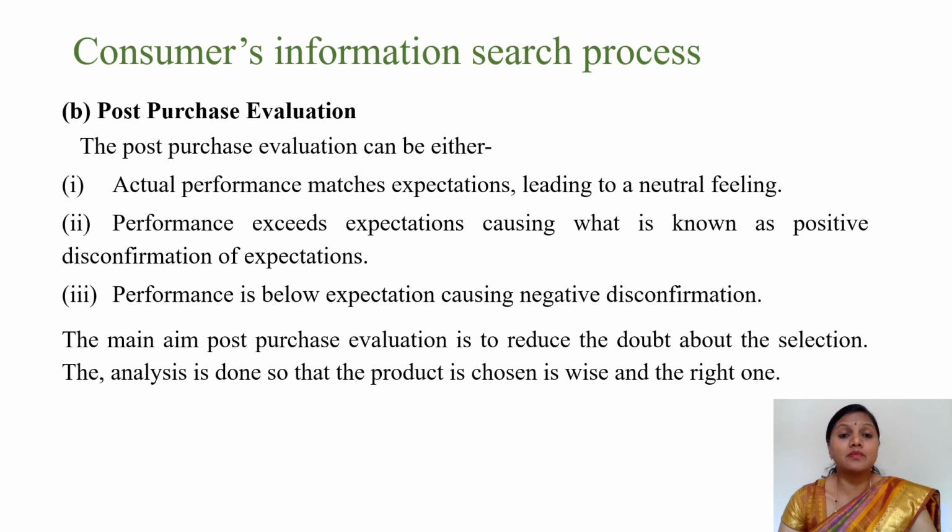Actual performance can match the expectations of the consumer, actual performance of the product can exceed the expectations of the consumer, or actual performance of the product can be below the expectation of the consumer. In this case, the information provided by the marketer may not be correct.